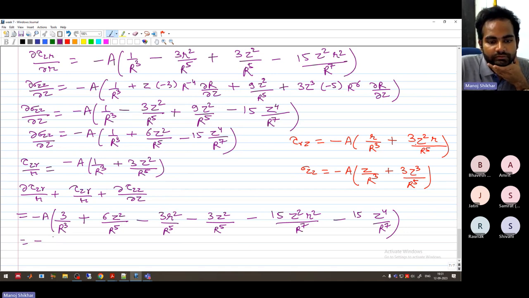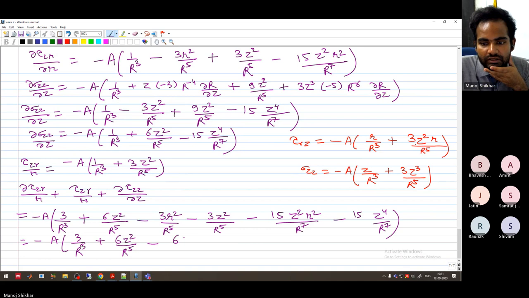what will we get? We will get minus 3 upon r cube plus 6z square by r to the power 5 plus minus 6 r square by r to the power 5, minus, if we take 15z square by r to the power 7 common, what will we have here?